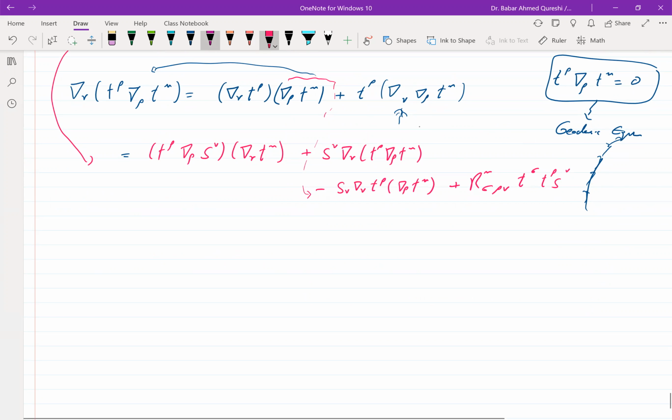But this guy is 0 because T is parallelly transported, because they are geodesics. T is a tangent of geodesics.